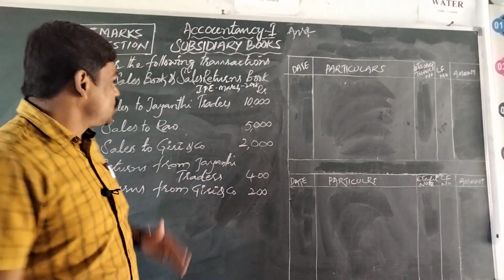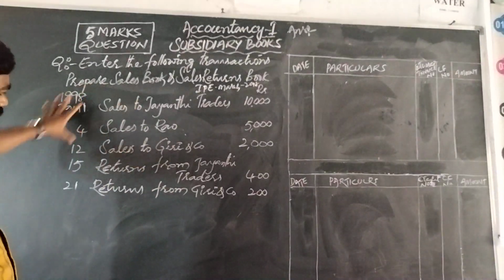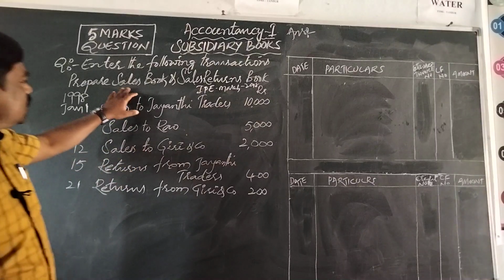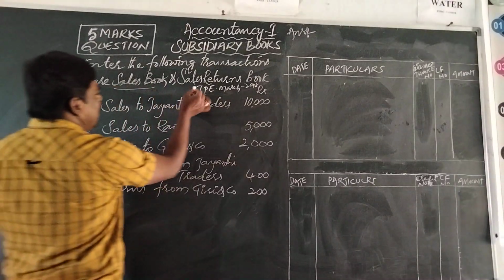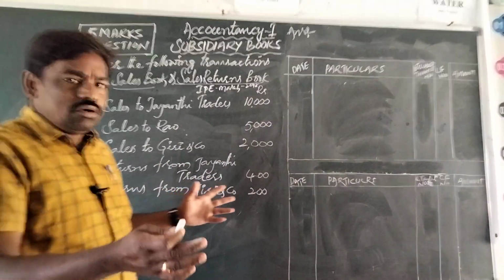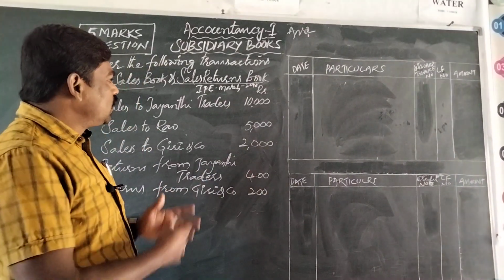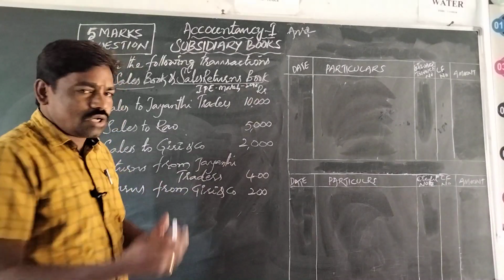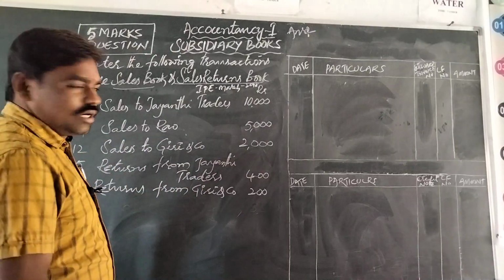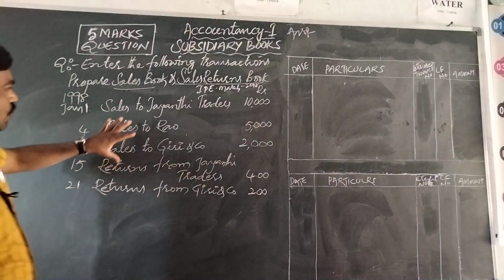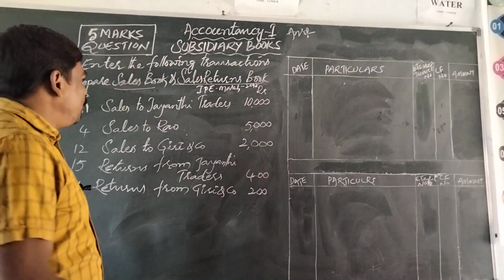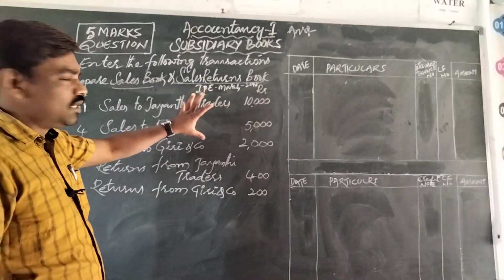Here, it is clearly given in this problem that you are asked to prepare sales book and sales returns book. No need to show other subsidiary books. There are only 4 to 5 transactions, and from that information we can prepare the sales book as well as the sales returns book.